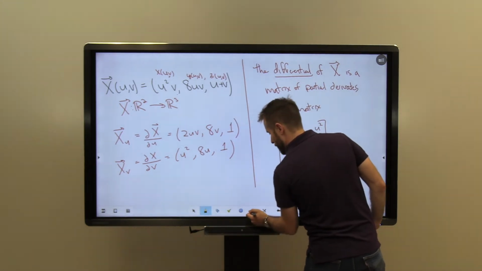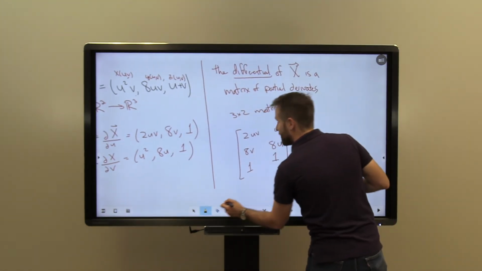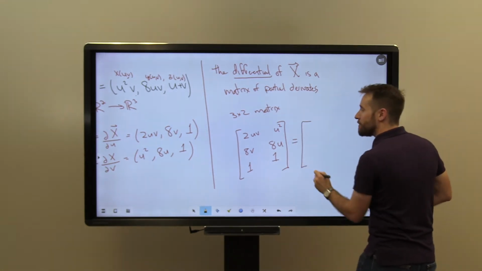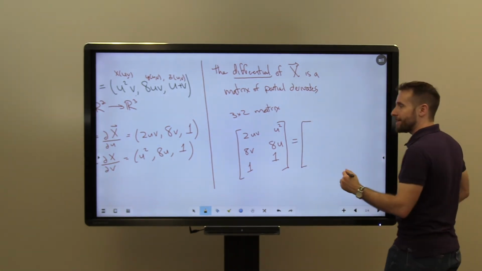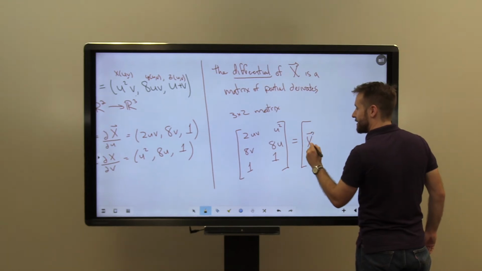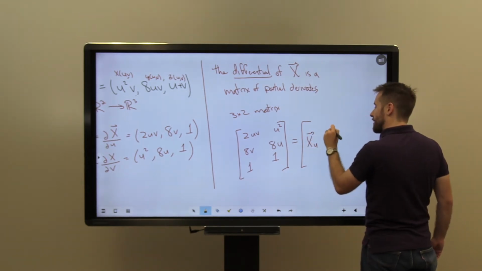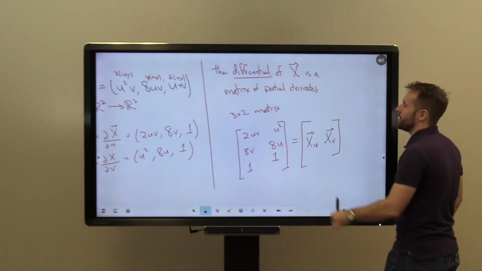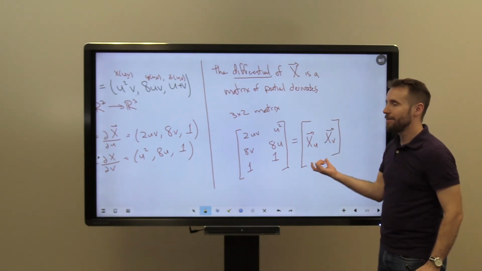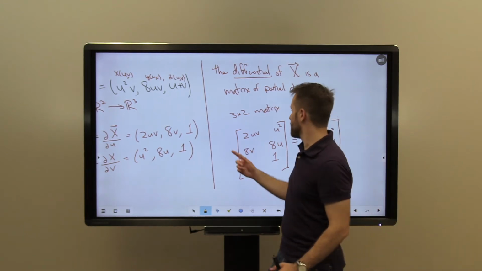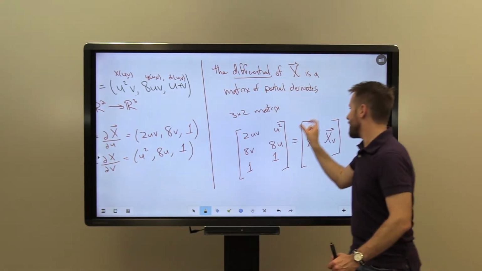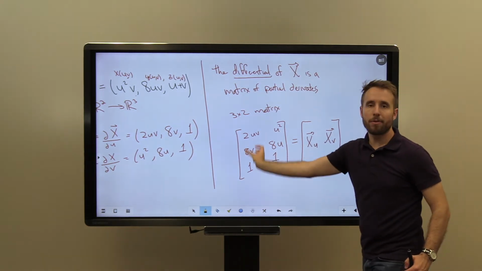Just a few quick follow-up remarks. Sometimes I will shorthand write this as x sub u and x sub v. And each of these is supposed to indicate a column here. So this is indicating the column from x sub u, because what I've really done is I've taken my partial u derivative and written that in a column form here.